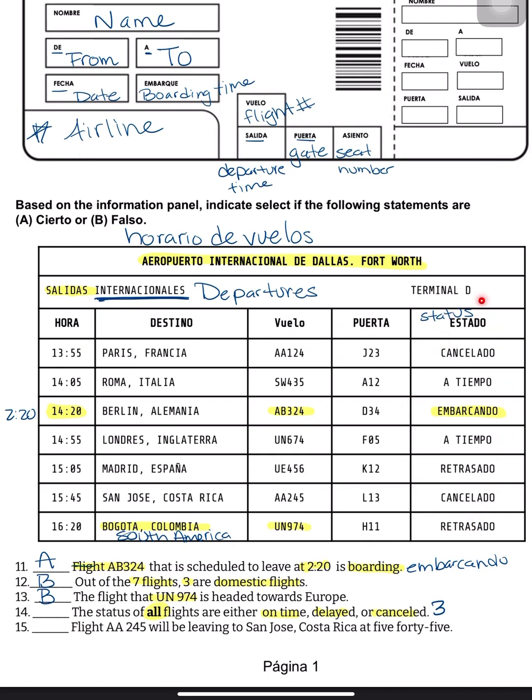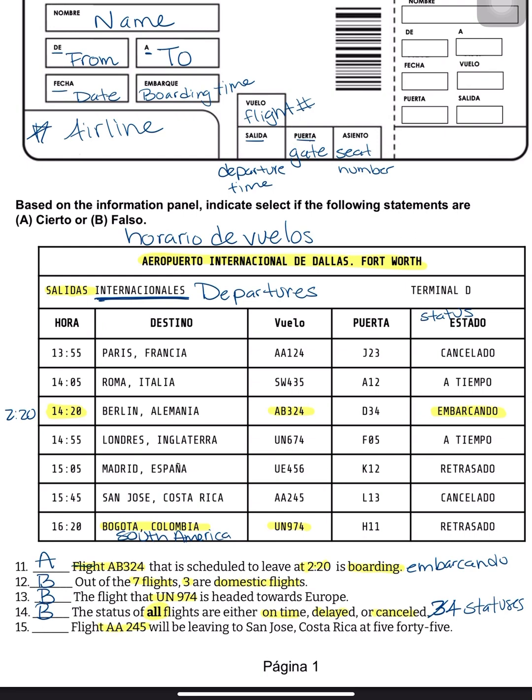So I have cancelado, that's 1. A tiempo, that's 2. Embarcando, that's 3. This is repeated, and I have retrasado. So that is a total of 4 statuses, making this false.